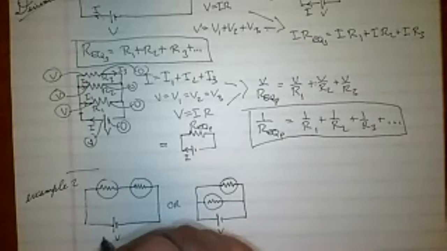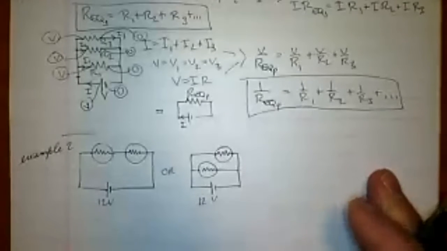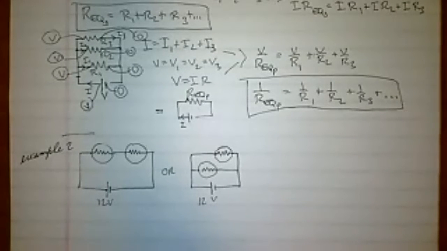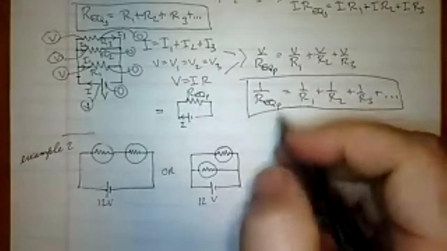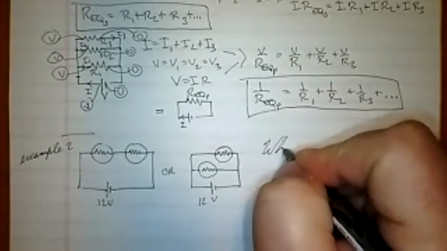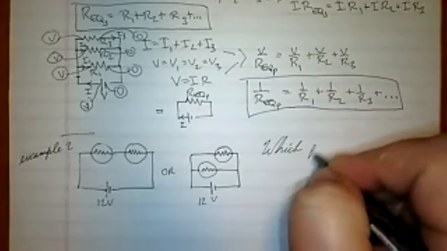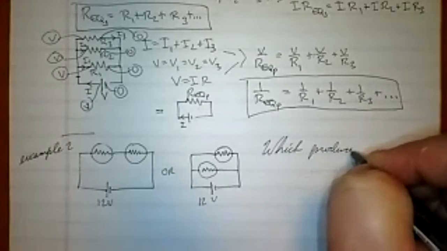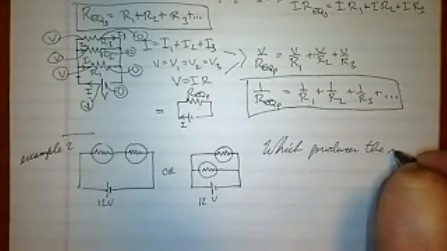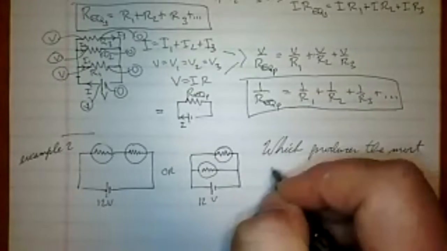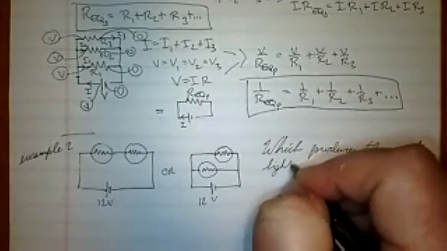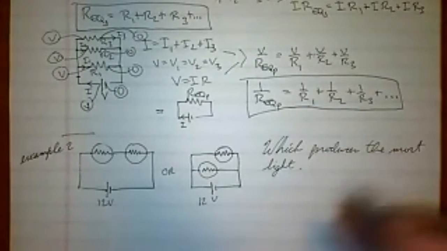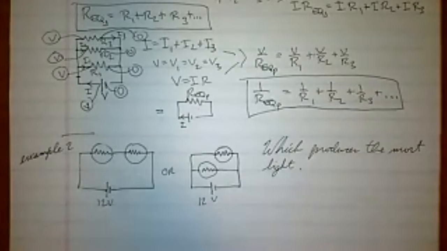Let's go ahead and call that 12 volts, say, just for a number. We're going to pretend like it's V anyways. So what I'd like to know is which one of these configurations makes the most light. Now remember, light is heat energy that's coming off of these light bulbs.